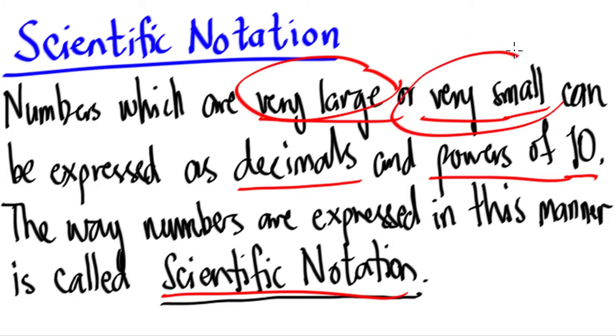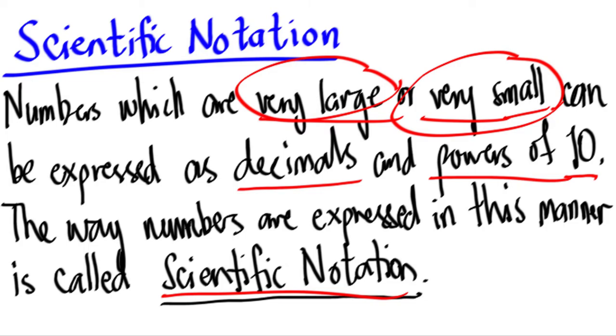Microscopic things, which are very small in measurement, in height, in weight, shall we say nanoscopic, can also be expressed in scientific notation, so that we can still see it as a number, instead of writing a lot of zeros, which are not much help to us.